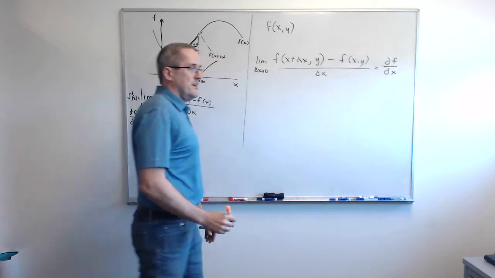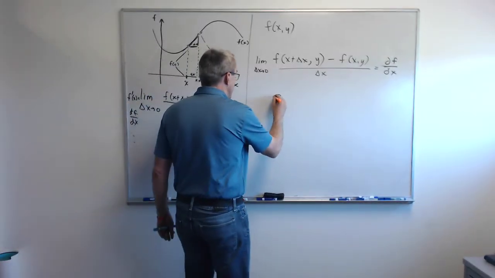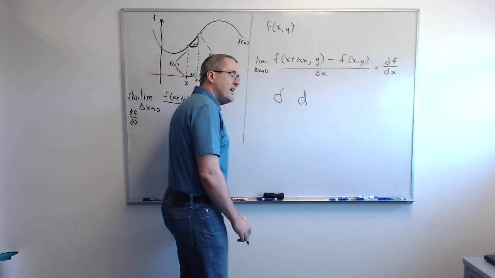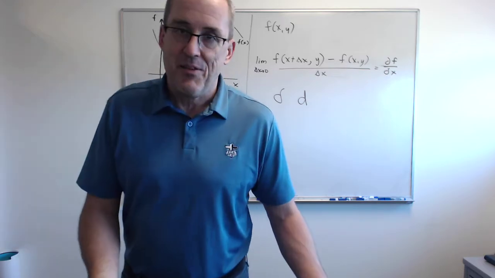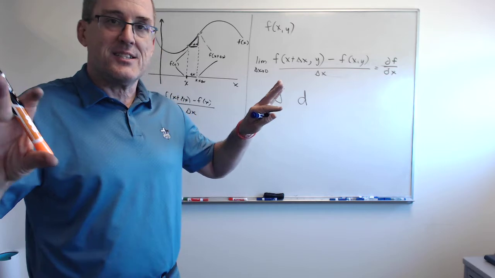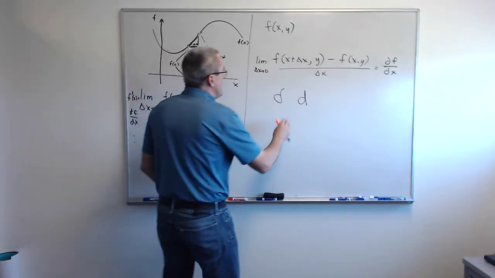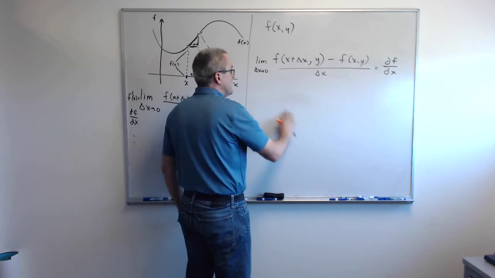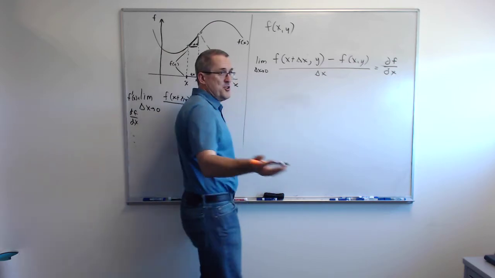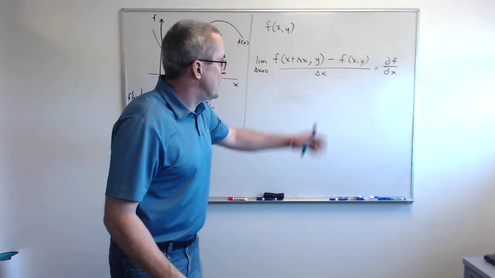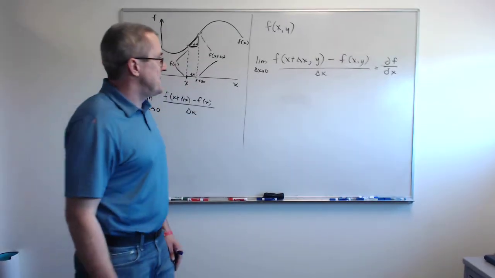Now notice over here, the Greek letter D is used rather than the English D. And all that does for us in mathematics is give us a context. Instead of a single variable situation like we had here, we now have a multi-variable context. If you look in your book, in this section, you'll see the nice version of that delta f, delta x.